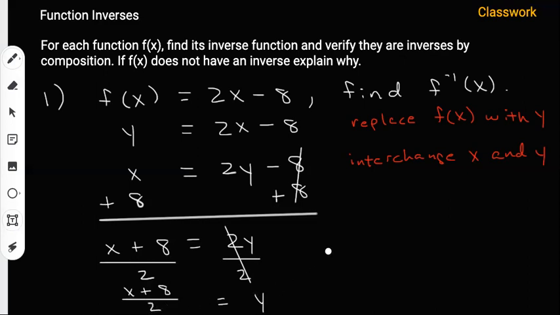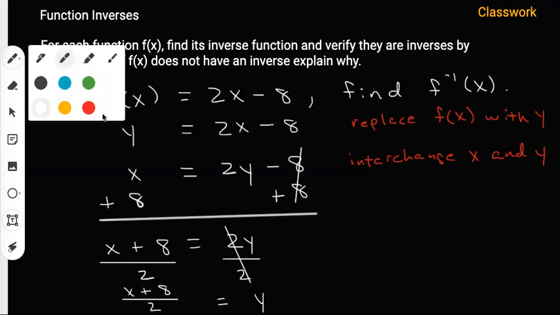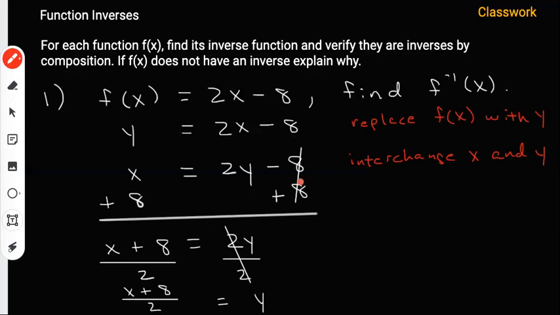So x plus 8 is going to be the top of the fraction, also known as the numerator, and the 2 is going to be the bottom of the fraction, also known as the denominator. So what did I just do in that pretty long step? I solved for y.